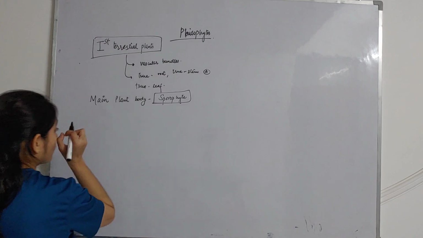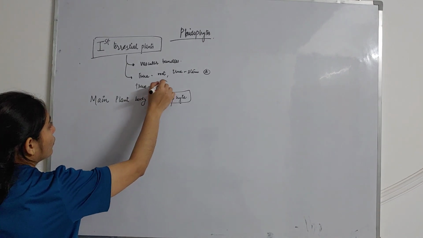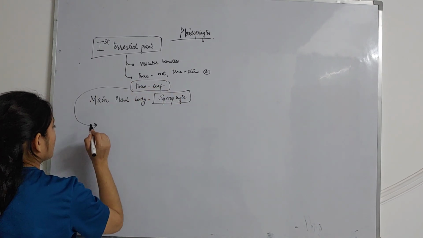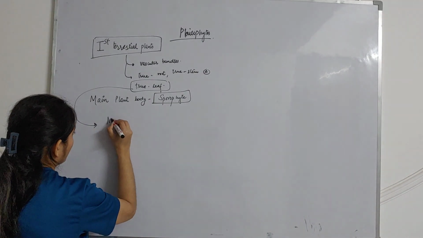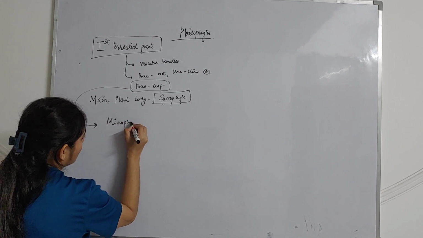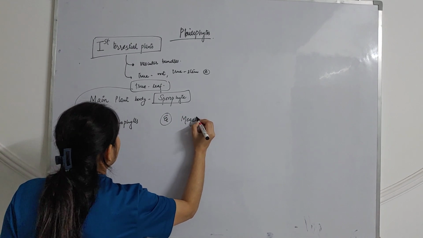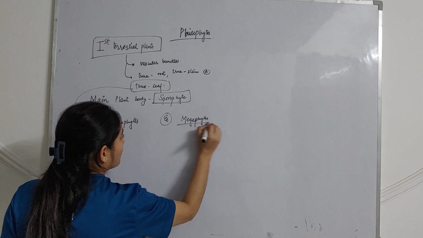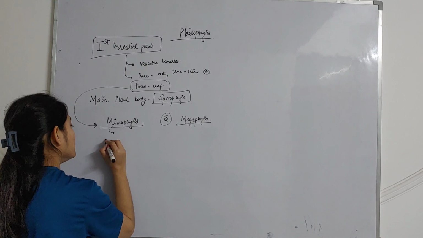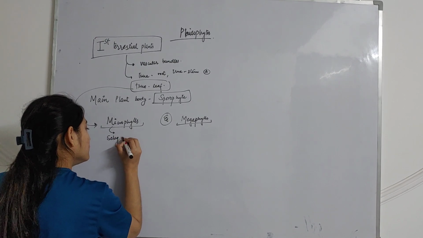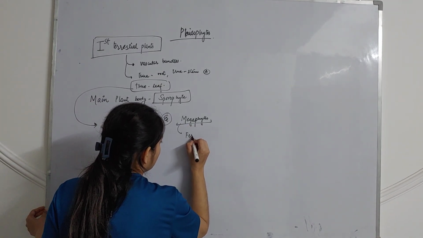The main plant body is sporophyte and has true leaves. In pteridophytes there are two types of leaf: microphyll and megaphylls. Microphyll is present in Selaginella and megaphyll is present in ferns.